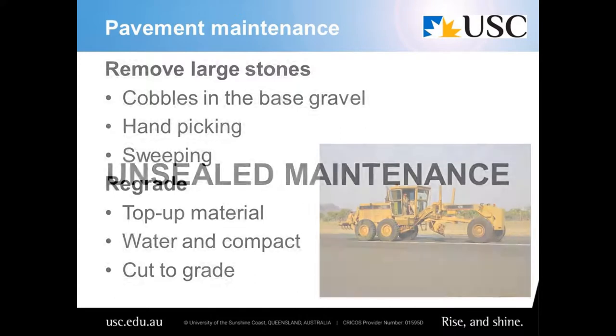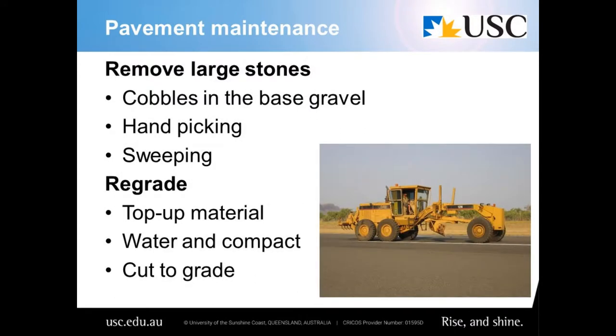In terms of unsealed airport pavements, not a lot of maintenance to do, as you'd expect. Remove the large stones. There's been a few examples lately where the base course isn't a nice crushed base course. It's really just a whole bunch of fine material with some great big cobbles, sort of fist-sized rocks. And as the fine material erodes, the big rocks come out, and so they can either be hand-picked or swept up.